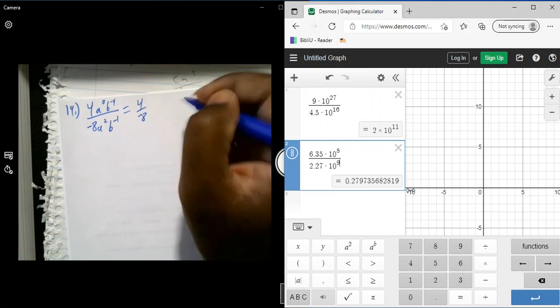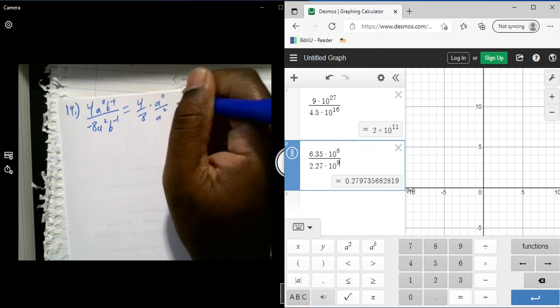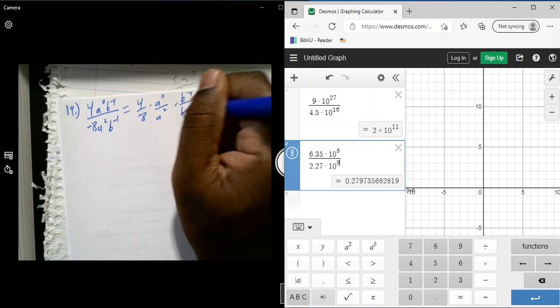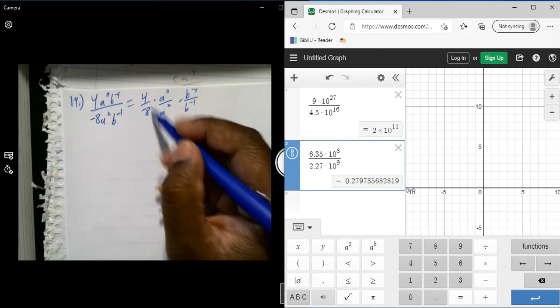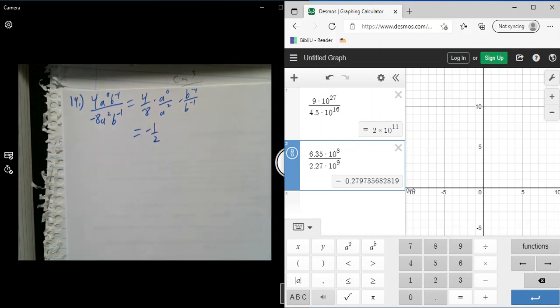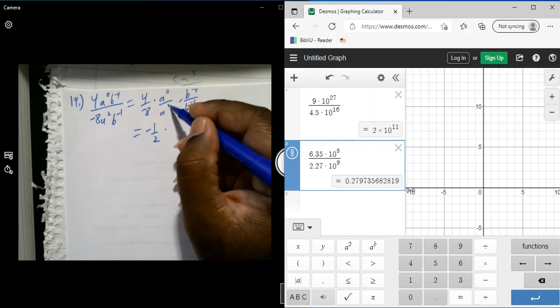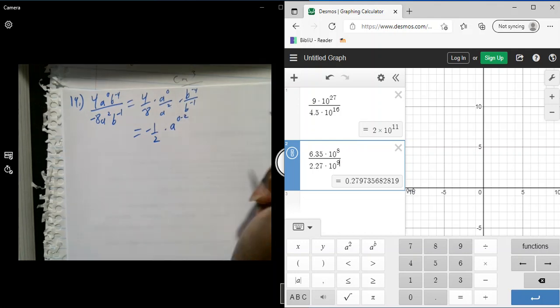So I put 4 over negative 8. I put a to the 0 over a squared. I will put b to the negative 4 all over b to the negative 1. Now 4 divided by a negative 8, we know would be a negative 1/2 because we could simplify that. Times a to the 0 over a to the second will be a to the 0 minus 2. Same base, you subtract the exponents.